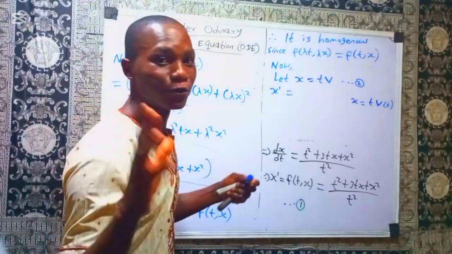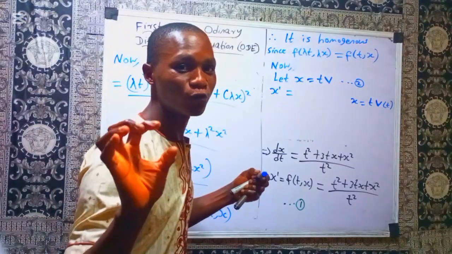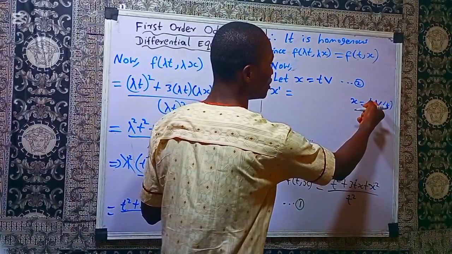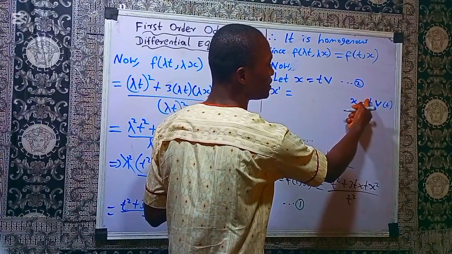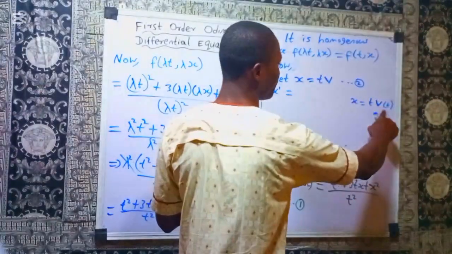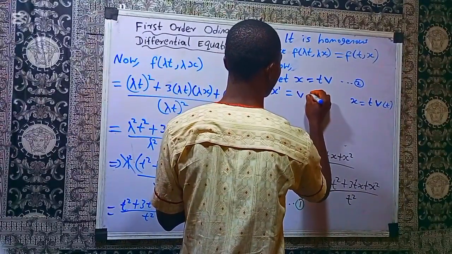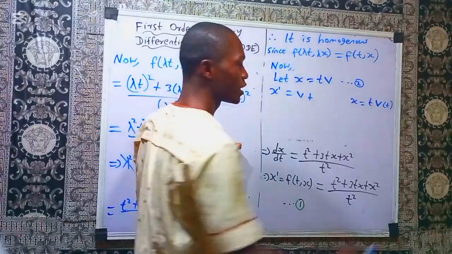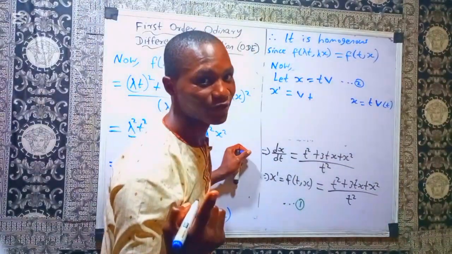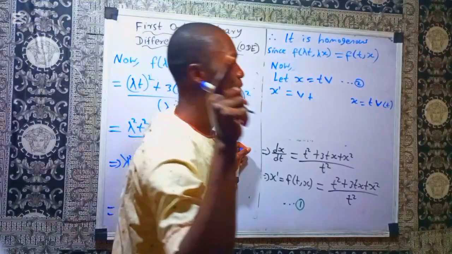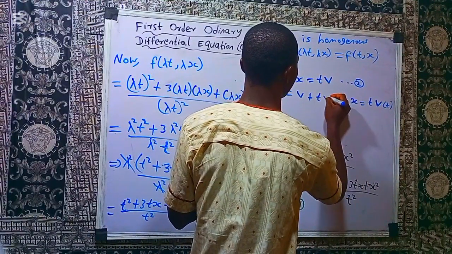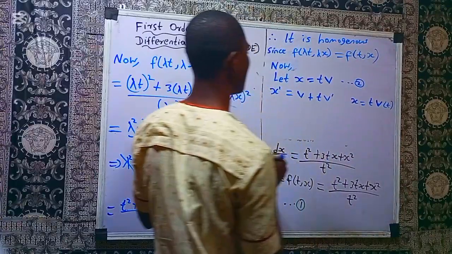Now how do you differentiate a product of two functions? You use the product rule. I differentiate t and keep v. If I differentiate t, I get 1, multiplied by the v I'm keeping, so I have v, plus. You now keep t and differentiate v. I show that I have differentiated v by putting a prime on v, then I'm keeping t, so I have t v prime.